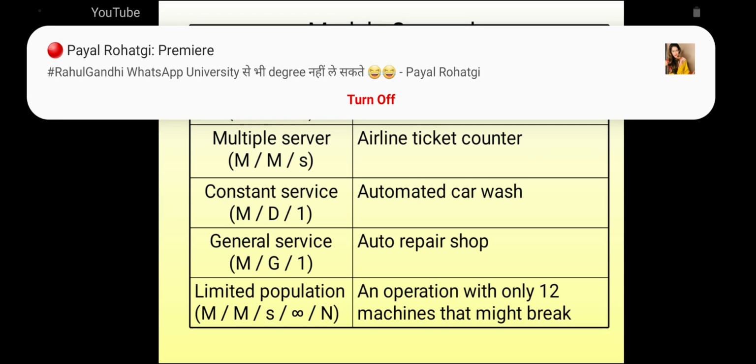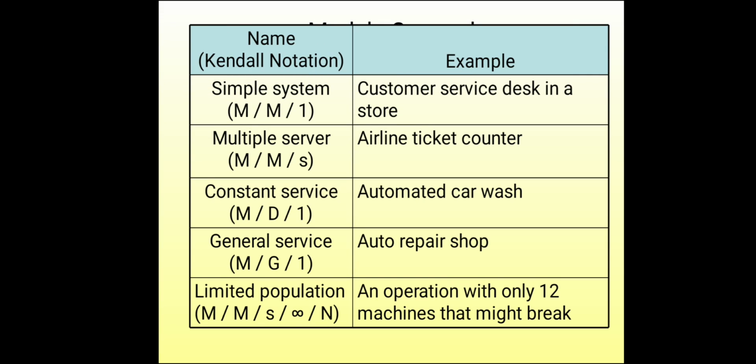Since the Poisson and exponential distributions are related to each other, both of them are noted by the symbol M, due to the Markovian property of the exponential distribution. The second line, multiple server M/M/S, is an example of an airline ticket counter.